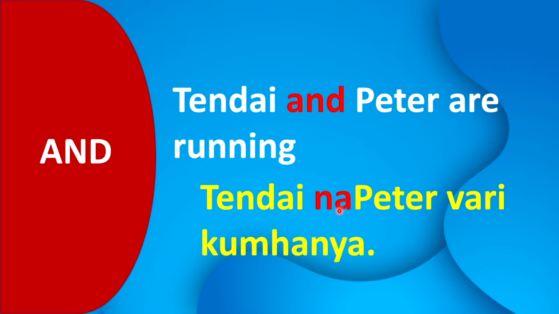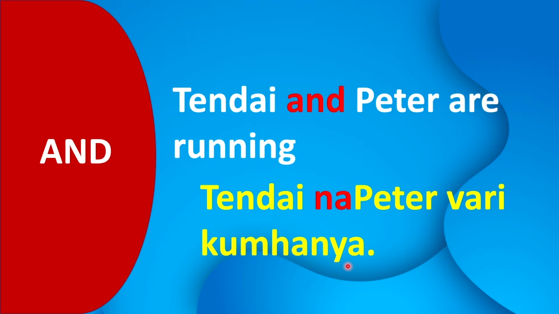Na is used when you're combining ideas, phrases, or clauses that relate to humans. In this case, we are talking about Tendai and Peter, so we use the prefix na. Tendai na Peter vari kumanya. Are running, that's vari kumanya.